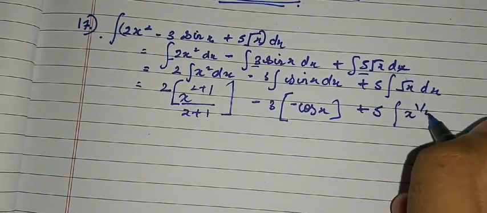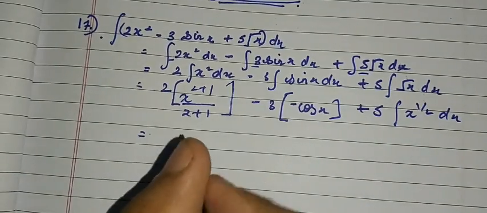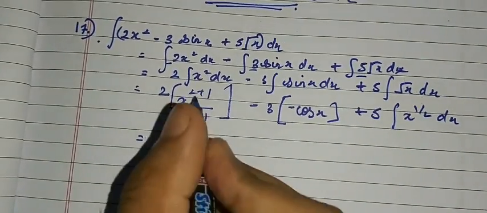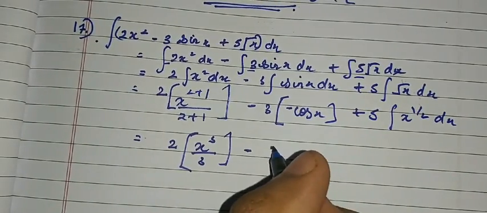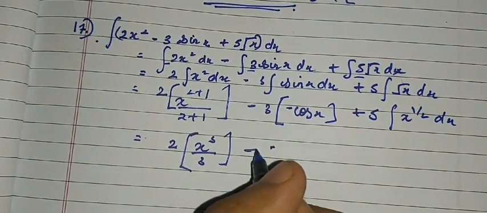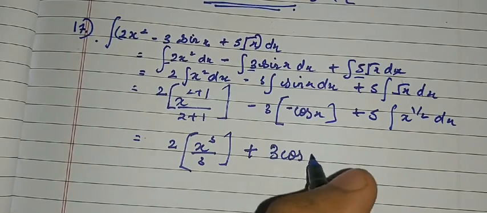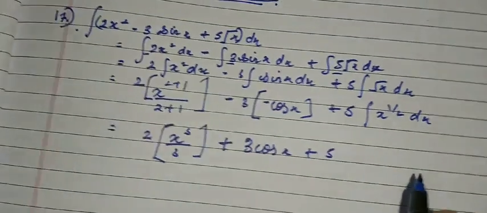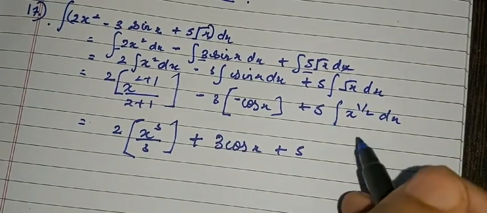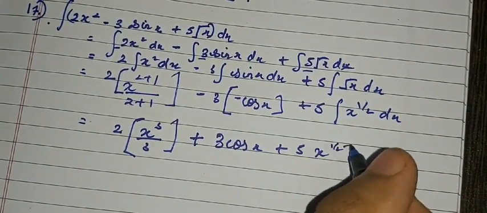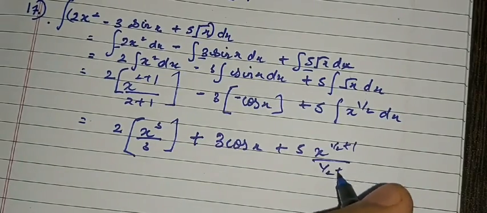Root x is x raised to 1 by 2 dx. Now 2 plus 1 is 3, x raised to 3 by 3, minus into minus plus 3 cos x plus 5 integral of x raised to 1 by 2. So x raised to 1 by 2 plus 1 by 1 by 2 plus 1.